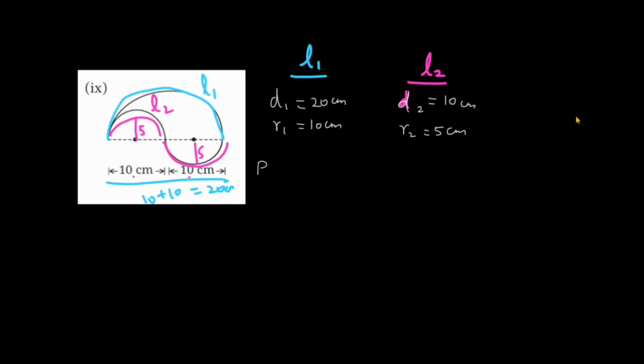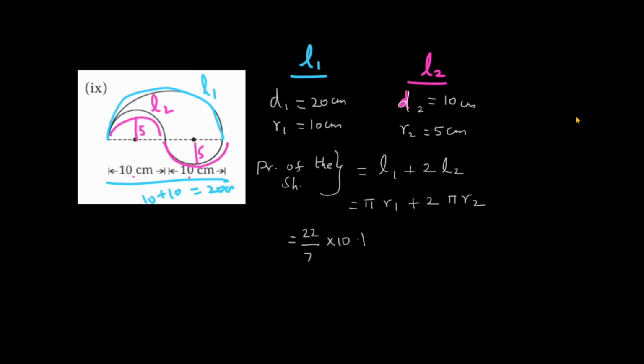Now perimeter of the shape. Given shape is equal to only one L1 but 2 times L2. So L1 pi into R1 plus 2 into pi R2. So that is 22 by 7 into 10 plus 2 into 22 by 7 into 5. So 220 by 7 plus 2 5s are 10 into 22, 220 by 7. 440 by 7.